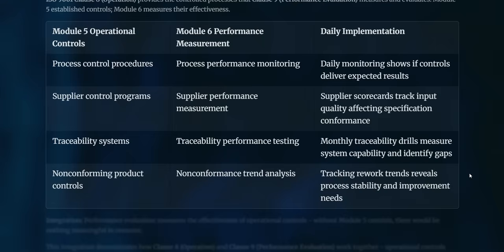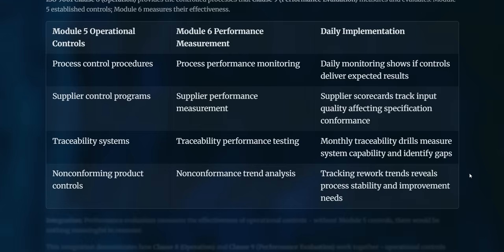Module 5 operations control provided process control procedures. Module 6 performance measurement provides process performance monitoring, and the daily implementation here includes daily monitoring that shows if controls delivered the expected results.